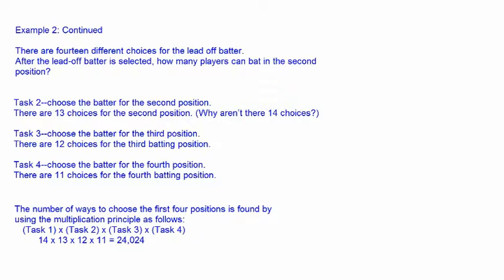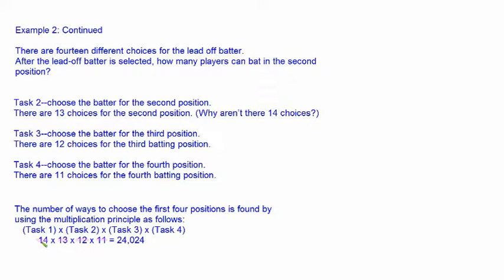So for task 2, we have 13 choices, and continuing to choose the batter for the third position, there are 12 choices, and for the fourth batter, there are 11 choices. So by our multiplication principle, the number of choices that the manager has to arrange the first 4 batters: task 1, there are 14, task 2, there are 13, task 3, there are 12, and task 4, there are 11.